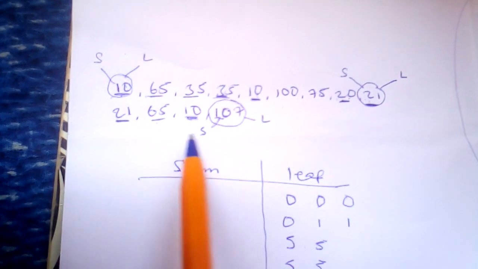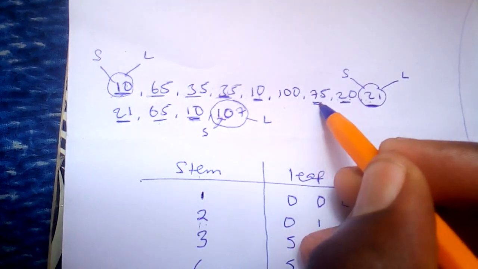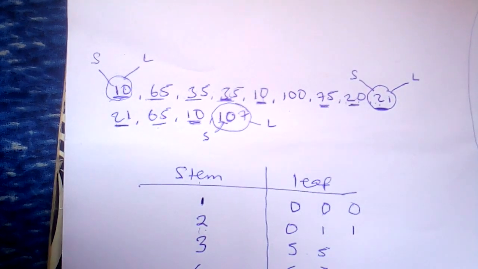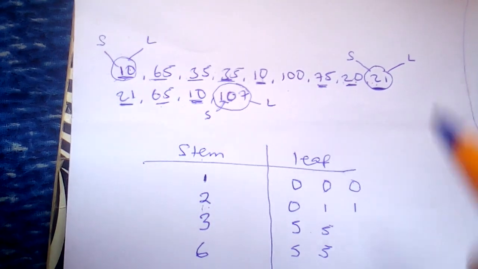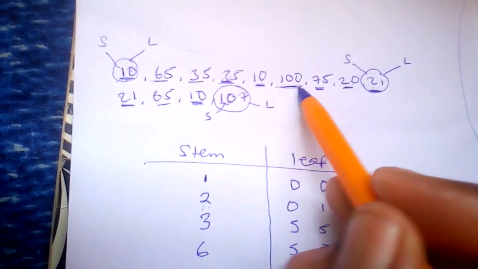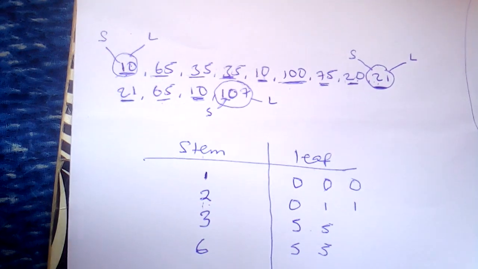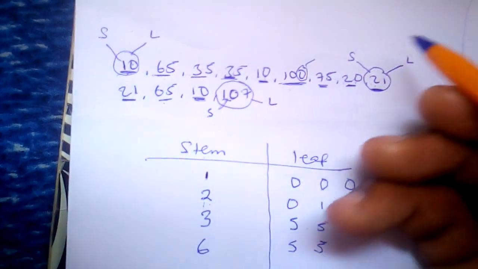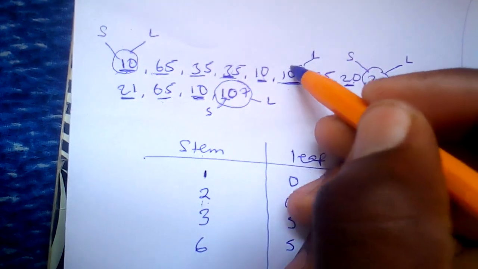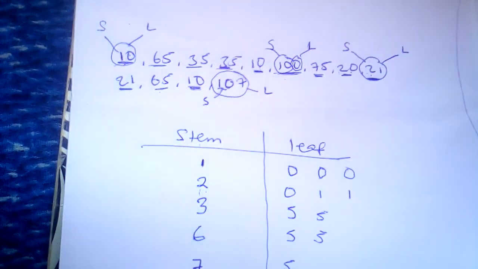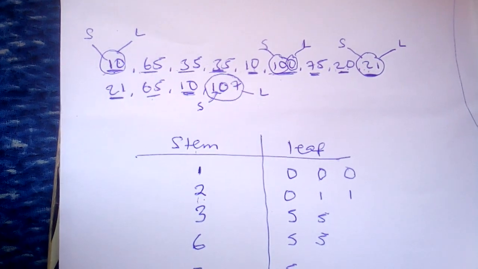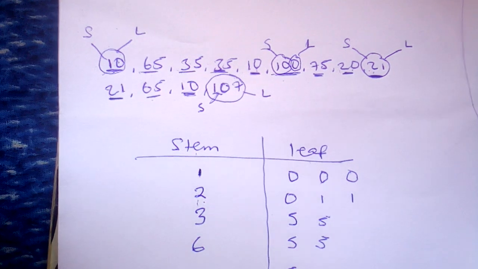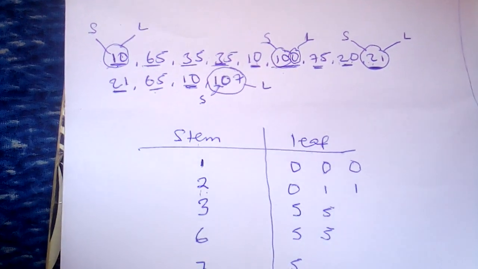My next smallest number in the figure is 75. So I'm going to put a 7 here and a 5, just like that. Then my next is 100. So it's 10, because this 0 goes to the leaf, the 10 goes to the stem. So this is a 0 here, which means 100.